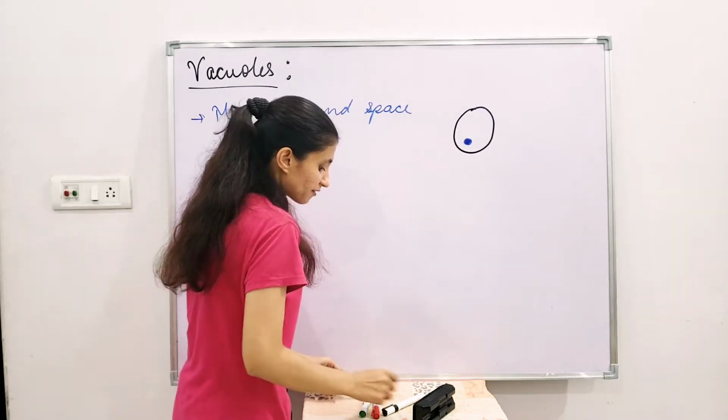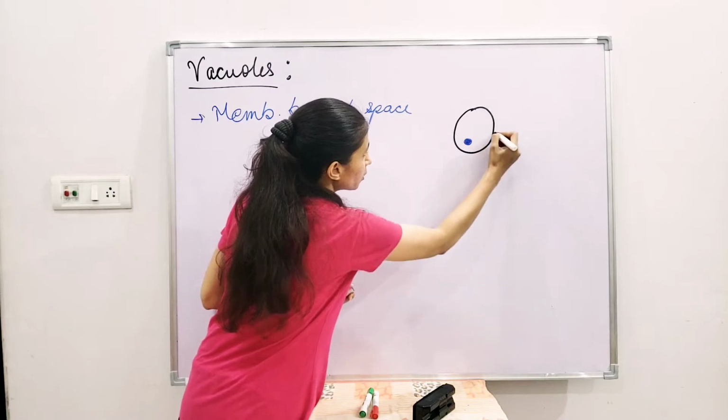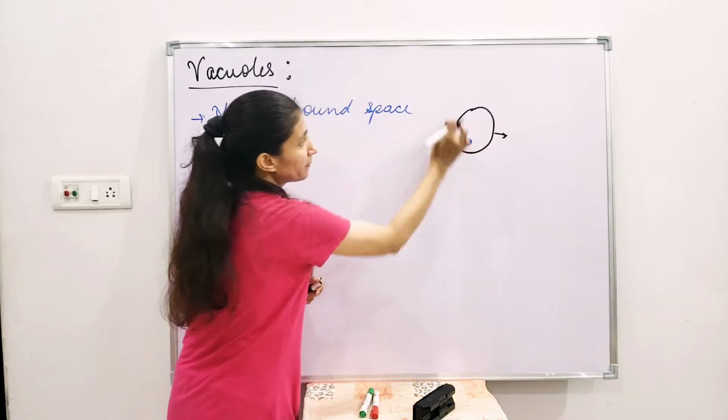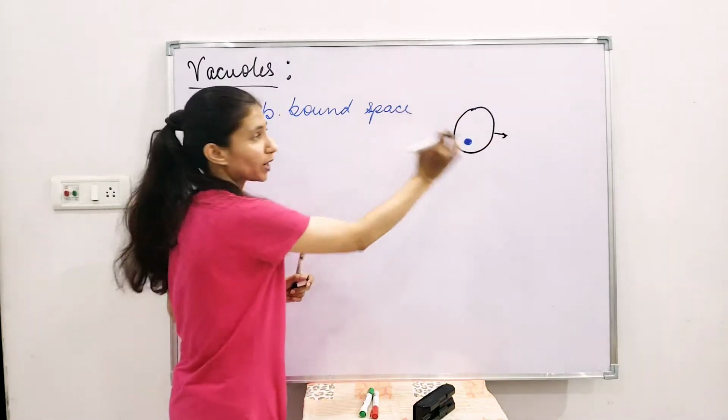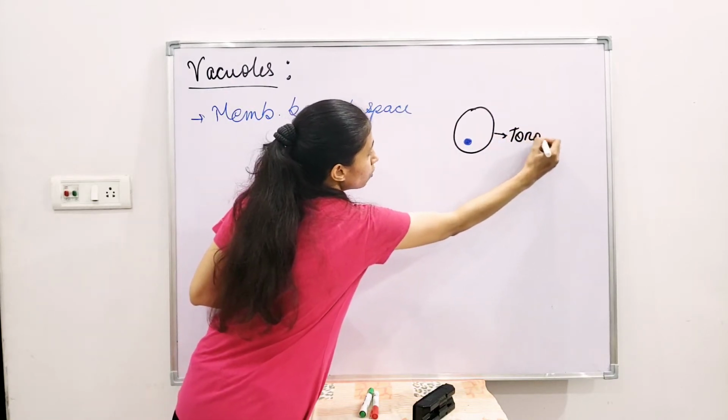If I have to name it, this whole hole is your vacuole, and the membrane outside the vacuole, which is covering it, is called the tonoplast.